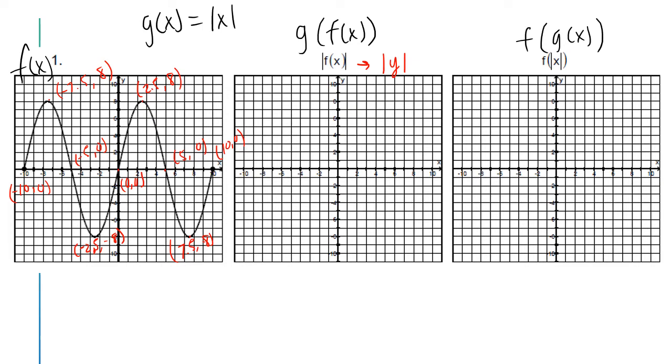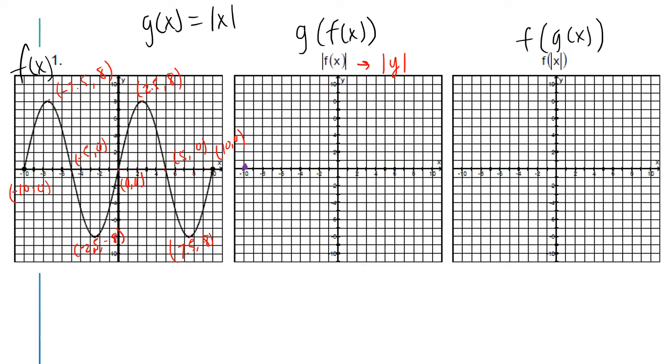For viewing, you also can make a table, which would make it easier for you if you wanted to see. And now we're going to transform. If I have the absolute value of f of x, that means that the values that have negative y's are going to turn into positive y's. If it doesn't, then I'm going to leave it alone. So for example, we have negative 10, 0. Well, 0 is going to stay 0. Okay, we're at negative 7.5, 8.